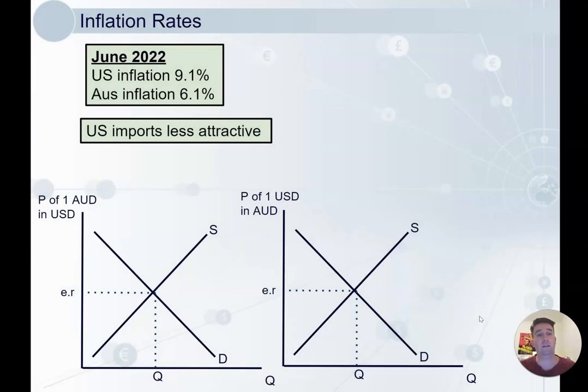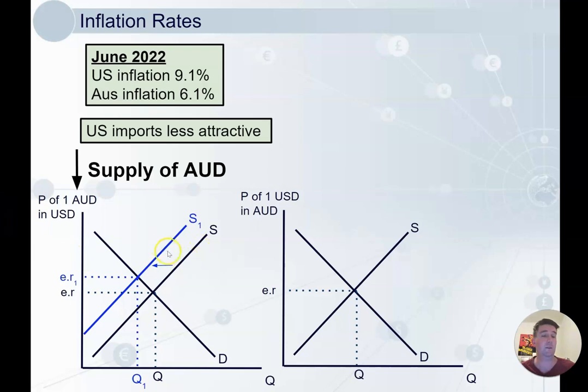Okay, inflation rate. So here, June 2022, US inflation was 9.1%. That's massive. Australia's was 6.1%. What that does is it makes US imports relatively less attractive, because their prices are going up by more than what our prices are going up. So that means we're going to buy less imports, of course. So decrease in supply here.